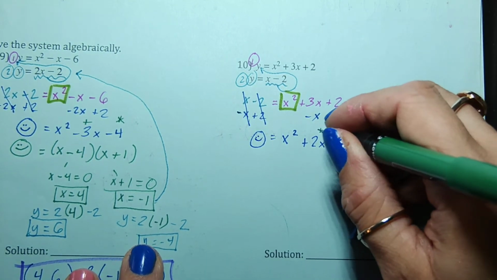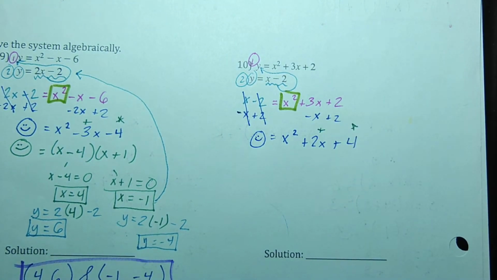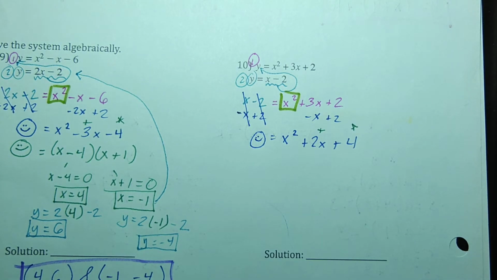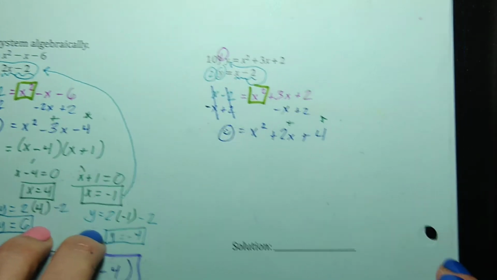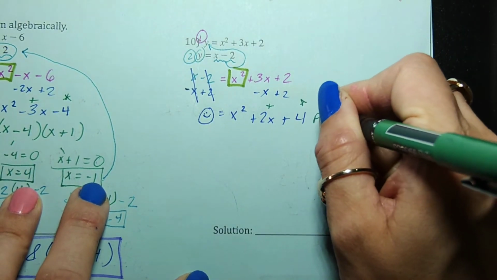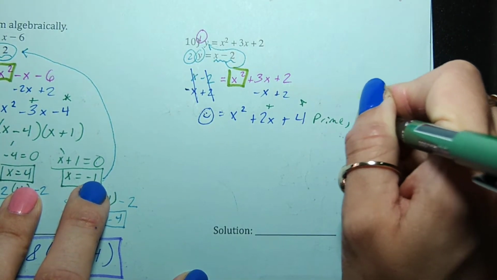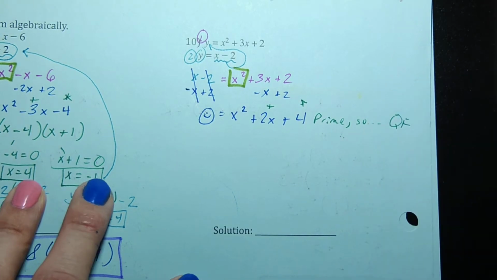Product of 4, sum of 2. Is it going to work? No, nope, no way of getting that to work. So it's prime, so quadratic formula time.